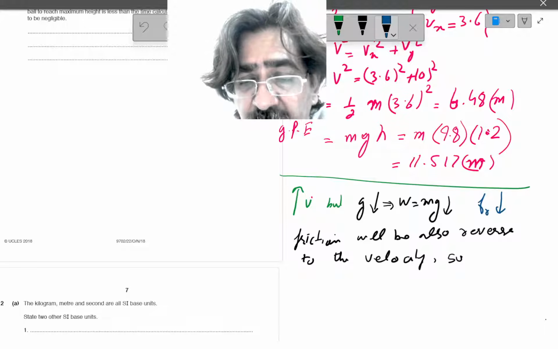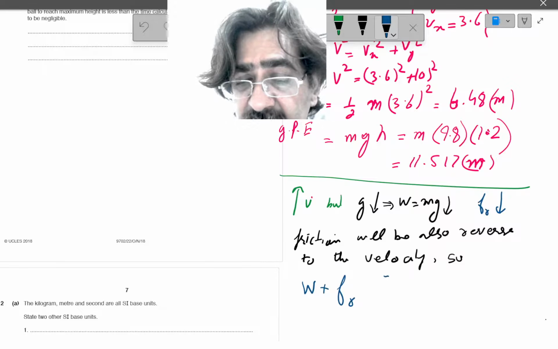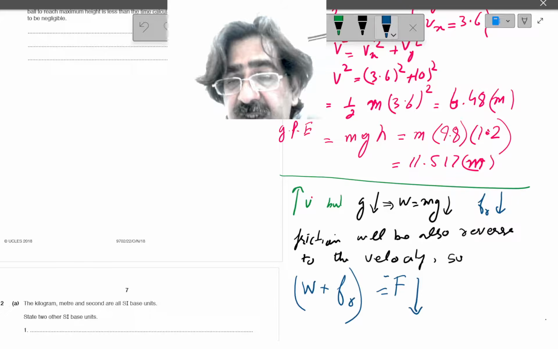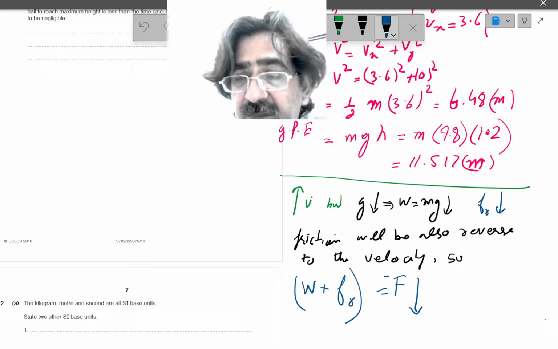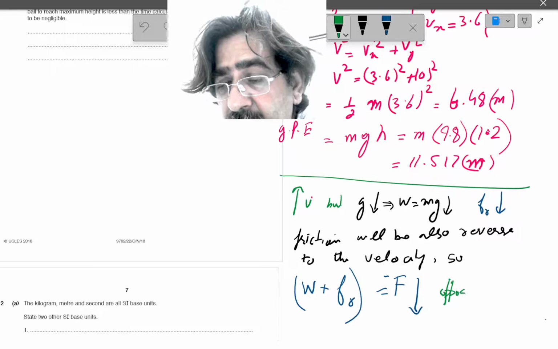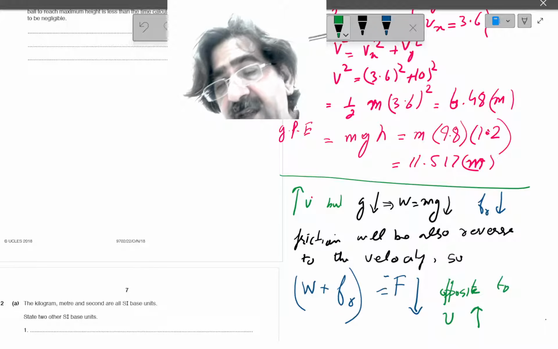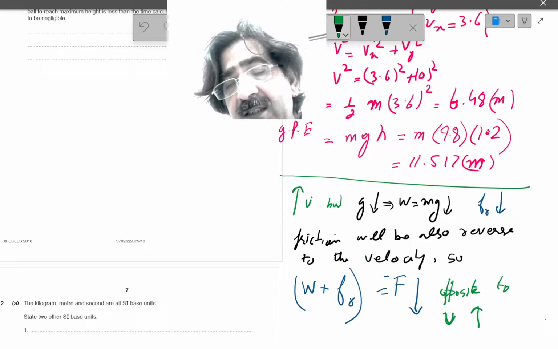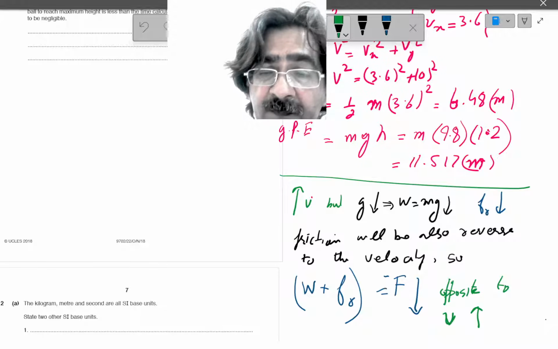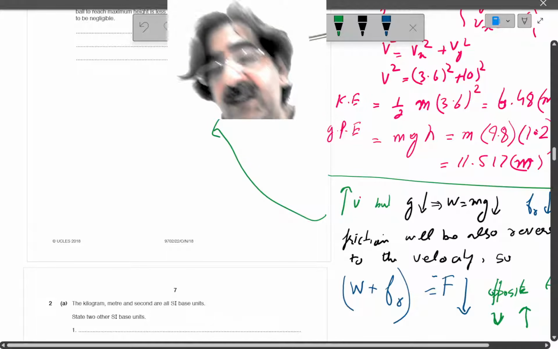So two forces, W plus friction, are both downward, opposite to the velocity V, which is upward. Because these forces are opposite, they will resist this velocity.